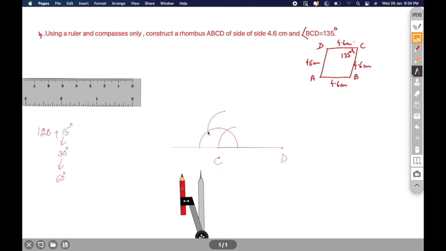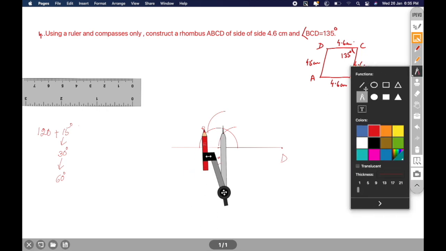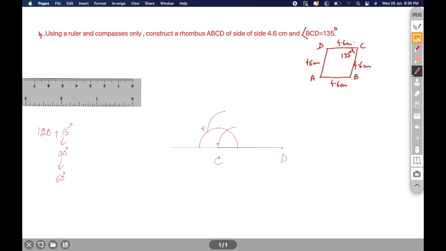So if I join this point of intersection, suppose P, with C, I will get 120 degrees. So let me join these 2 points and extend to show the construction of 120 degree.